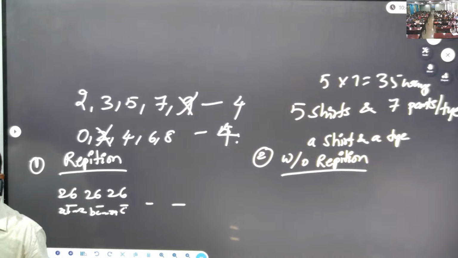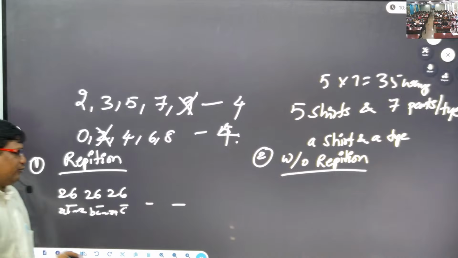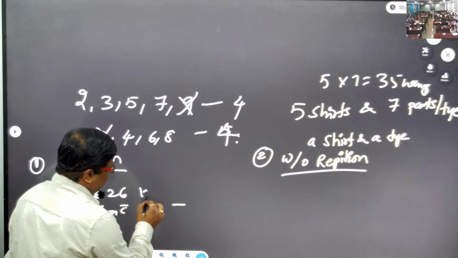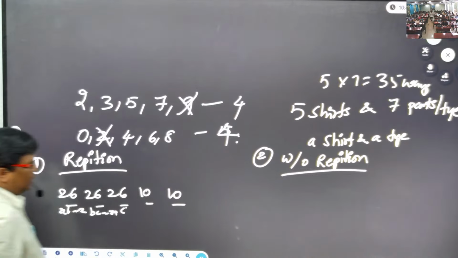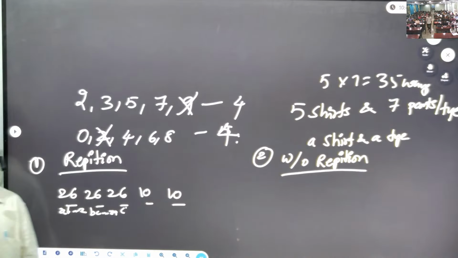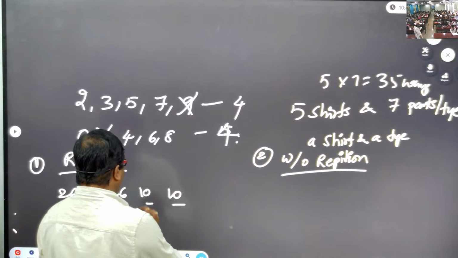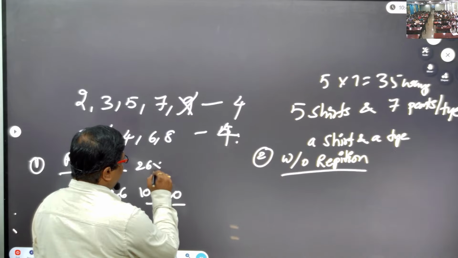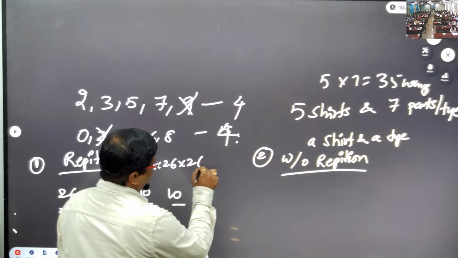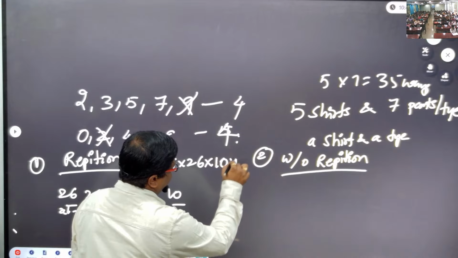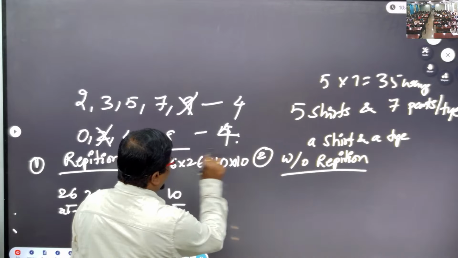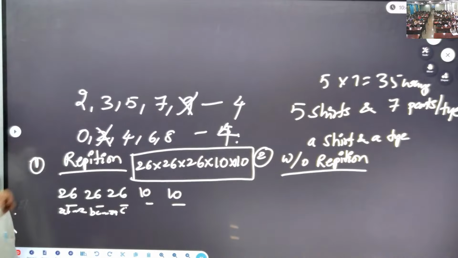That is of digits. How many digits do we have? 10 digits. That is 10 numbers. So when repetitions are allowed, it is 10 and again 10. So what is the final answer? It is going to be 26 into 26 into 26 into 10 into 10, when repetitions are allowed.